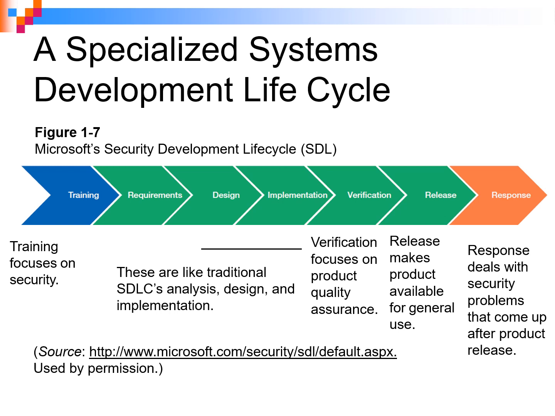Okay, so the fifth one is verification. Okay, so focuses on the product quality and assurance. And then release. Okay, make product available for general use. And then the last one is response, where it deals with security problems that come up after release.